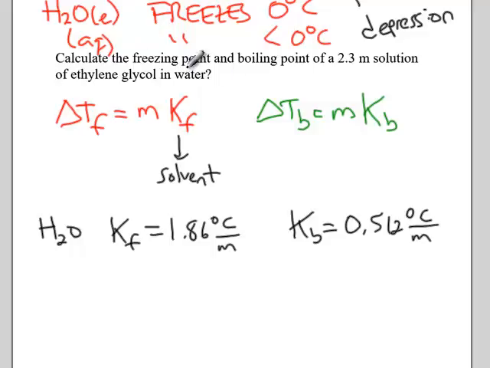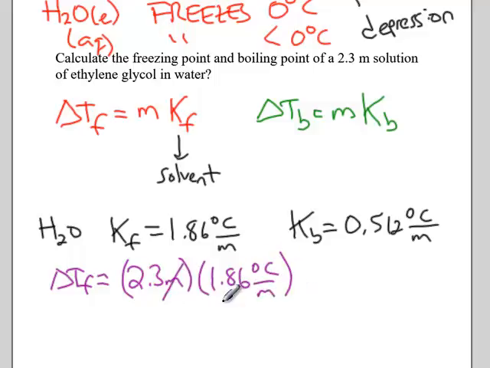So if we want to calculate the freezing point and boiling point of a 2.3 molal solution of ethylene glycol, which is the active ingredient in antifreeze, so if we dissolve some ethylene glycol in water, what's the new freezing point? What's the new boiling point? So we can calculate delta Tf is equal to the molality, 2.3, times the constant of freezing.